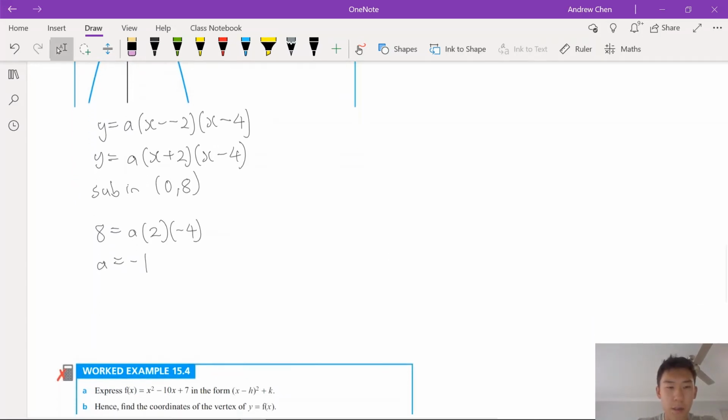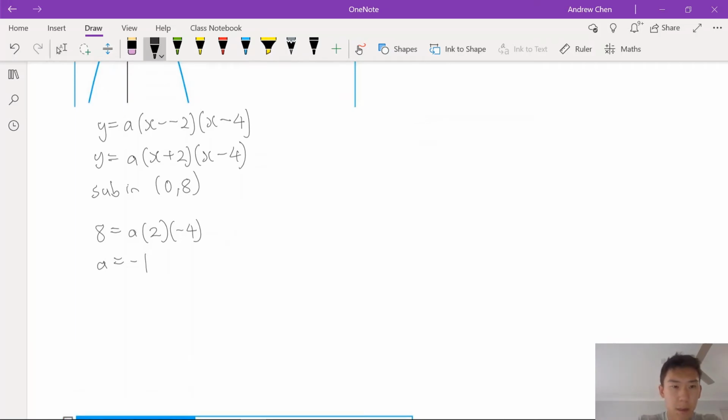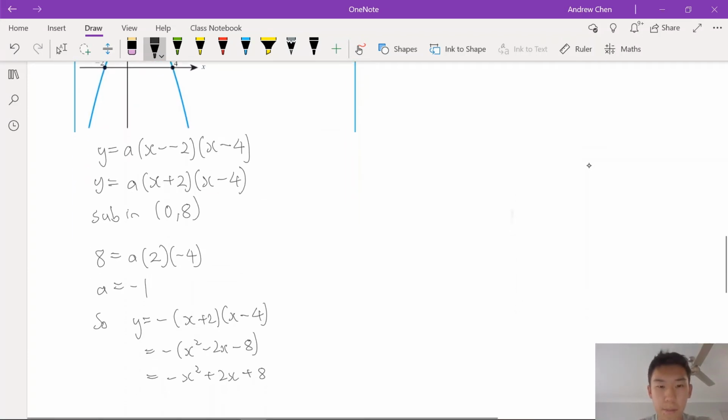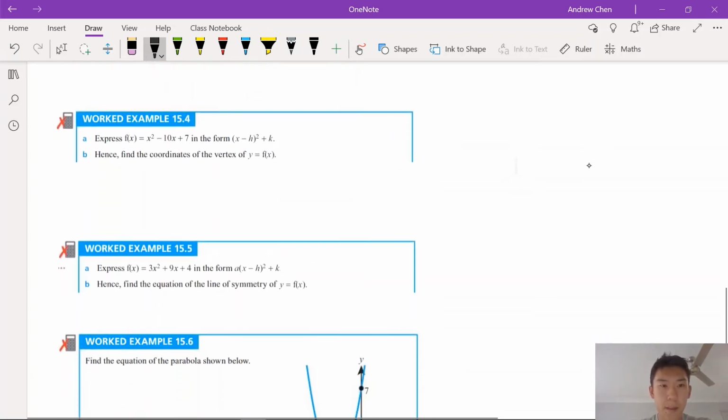Alright, so our equation, y equals negative (x plus 2)(x take 4), and then we just need to expand all this into standard form. So negative (x squared take 2x take 8) equals negative x squared plus 2x plus 8. And is that what we want? Yep, and we're done. Okay, 15.4.